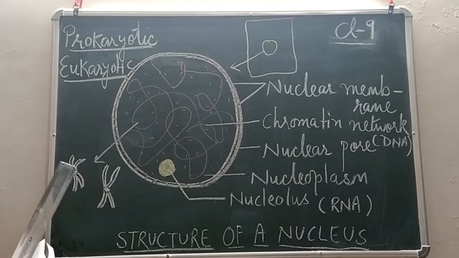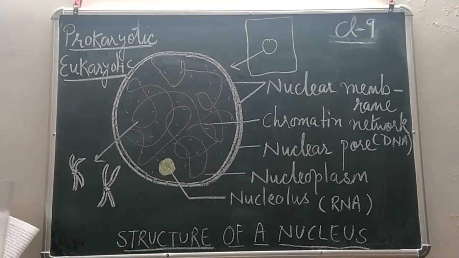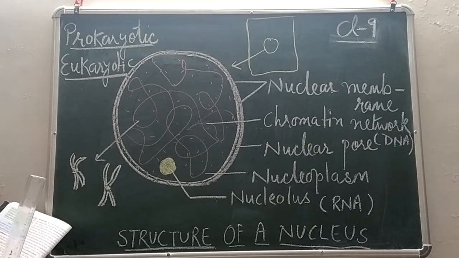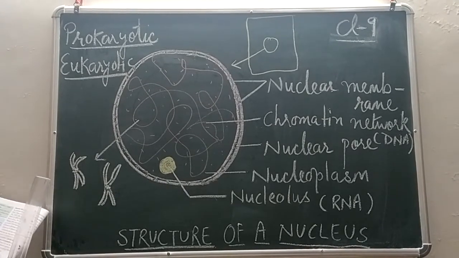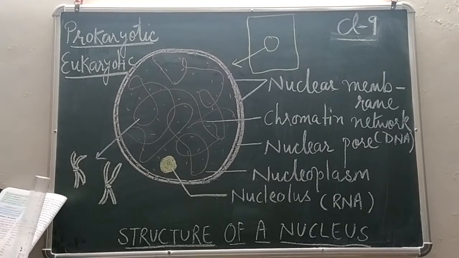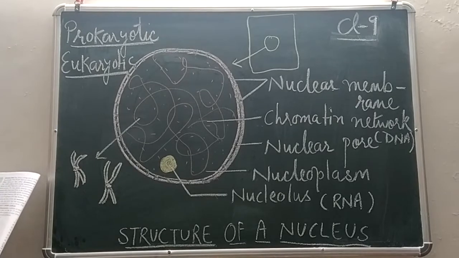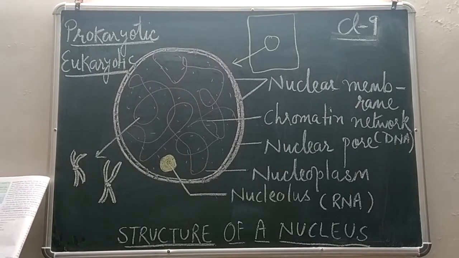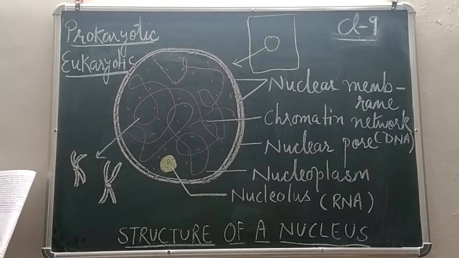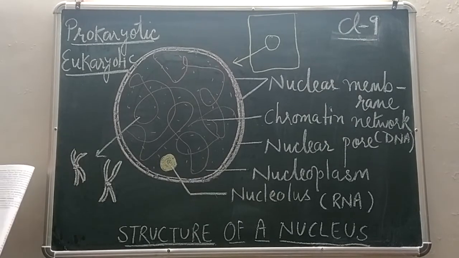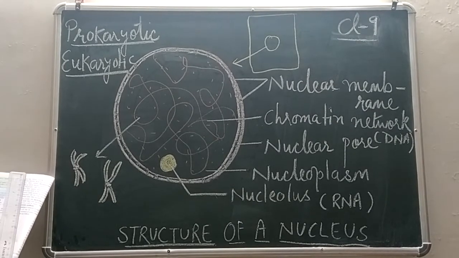Now two more things are there. Inside the cell there are some non-living granules. Granules means some starch, glycogen and fats present inside a cell, and there is a large vacuole in a plant cell. In an animal cell, there are very small vacuoles, or sometimes the vacuoles are even absent.